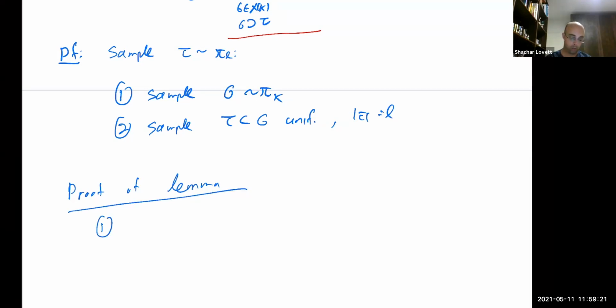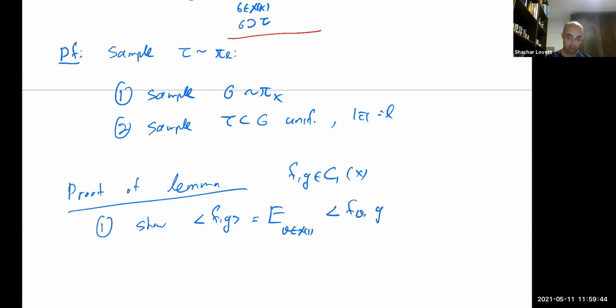For one, remember what we want is to show that the inner product of f and g, and I remind you, f and g are functions of the nodes of the complex, is exactly the same as the expectation over V in the set of vertices of the inner product of FV and GV. And I won't keep writing, but this latter inner product is defined over the link XV of 1, the nodes of XV. So why is this true?